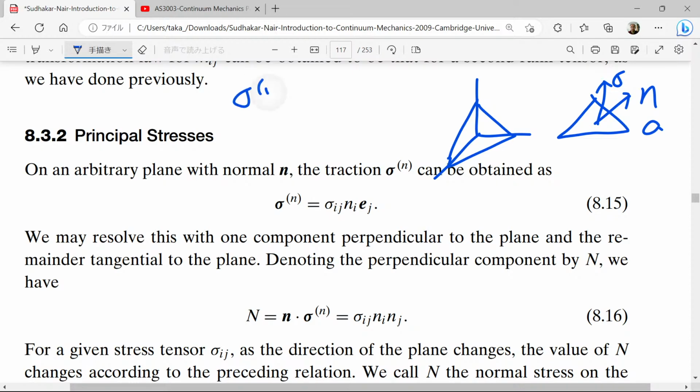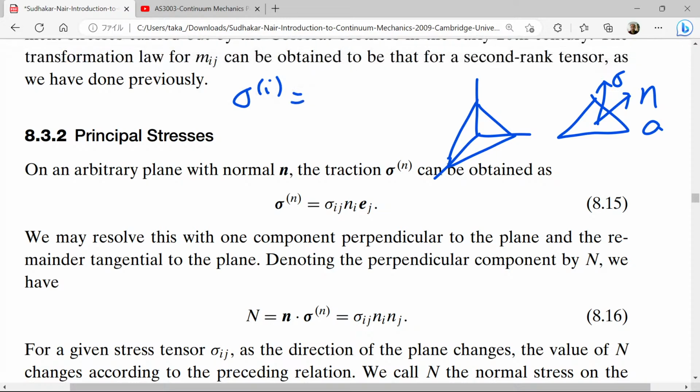Maybe this is okay. Sigma i is sigma ij ej.